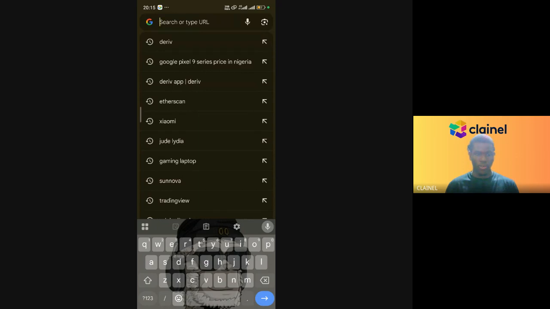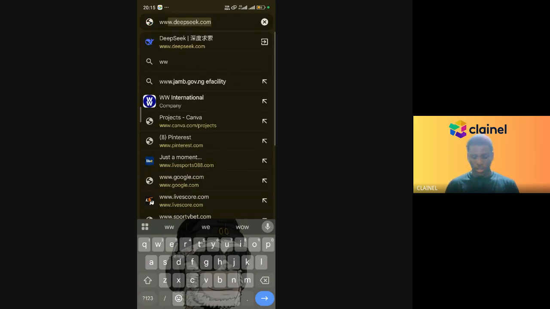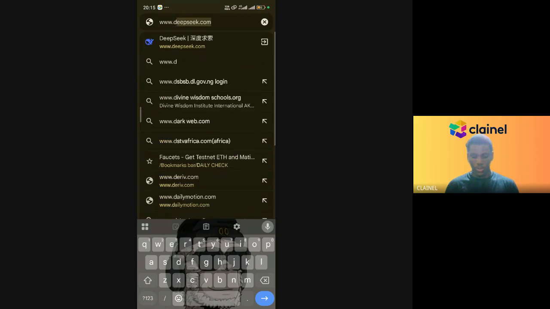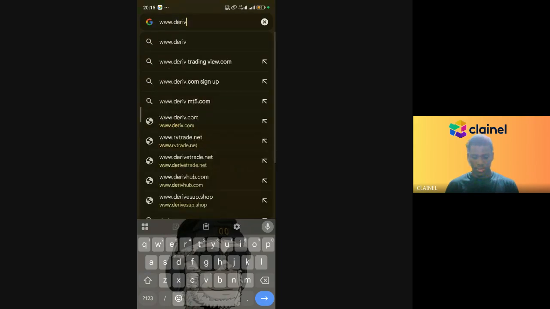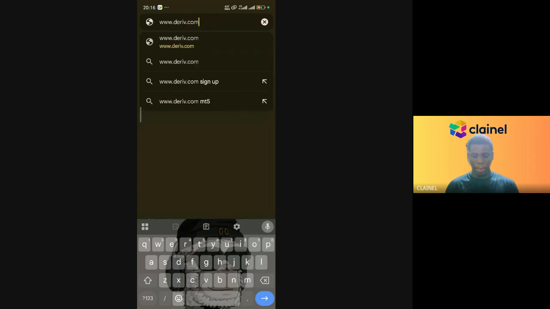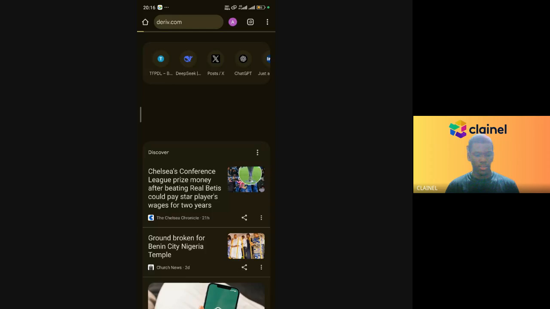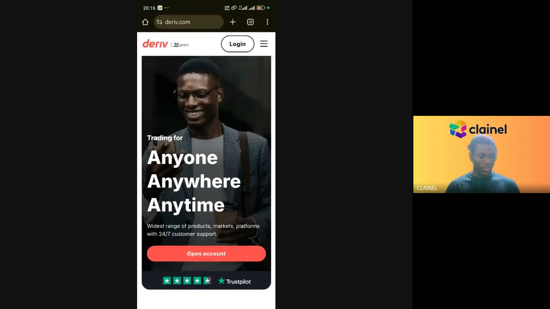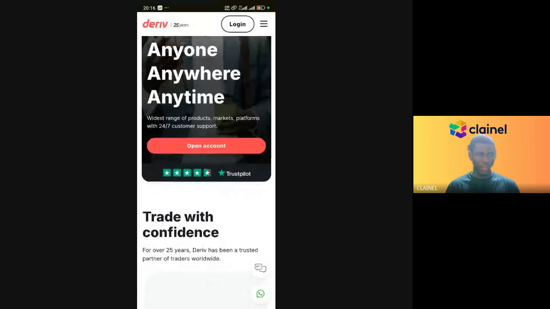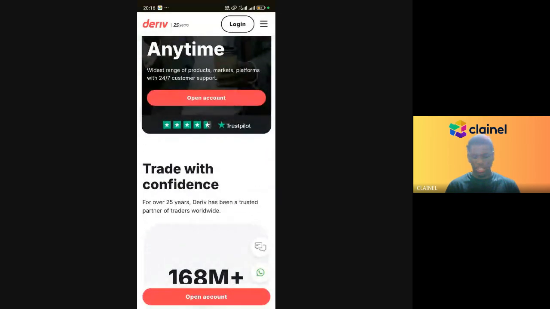The Rev is already here, but the website is www.therev.com. So all you need to do is click on it, and then you either open an account if you don't have one. So let's just click on open an account.